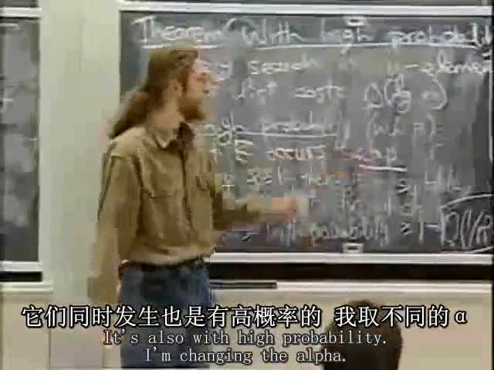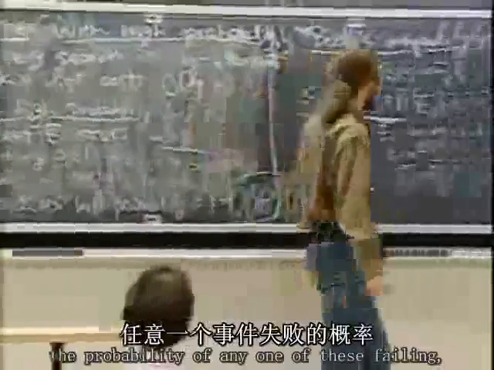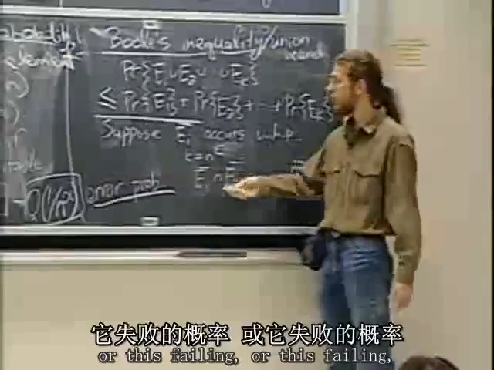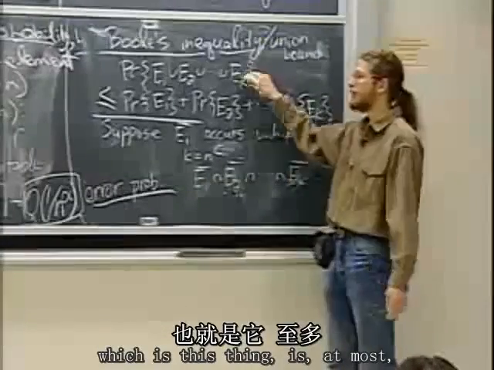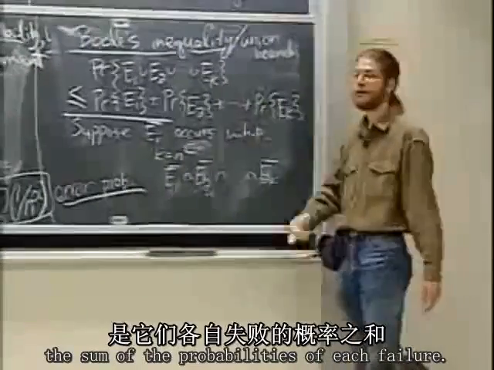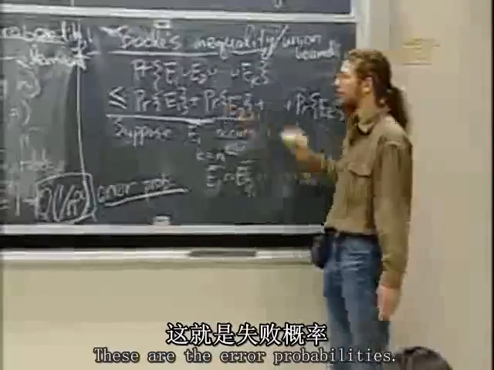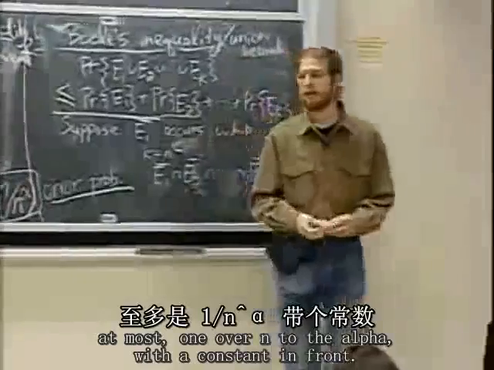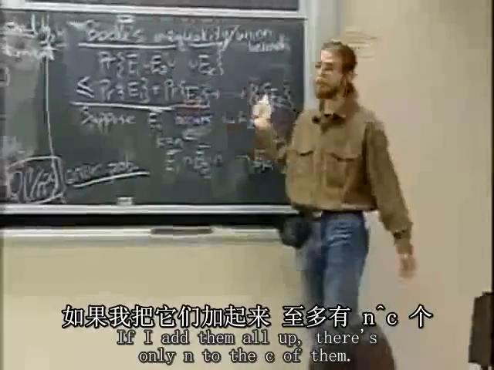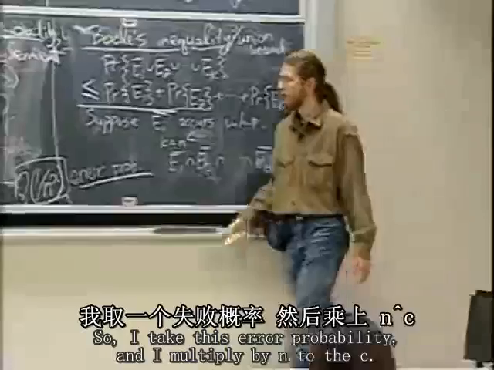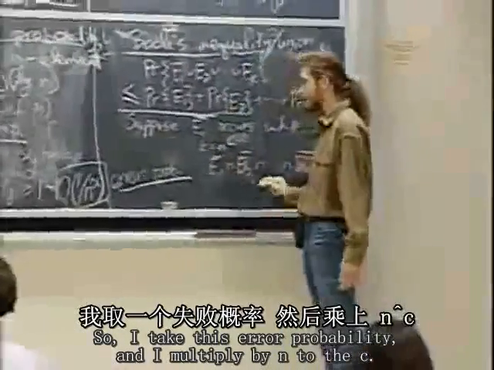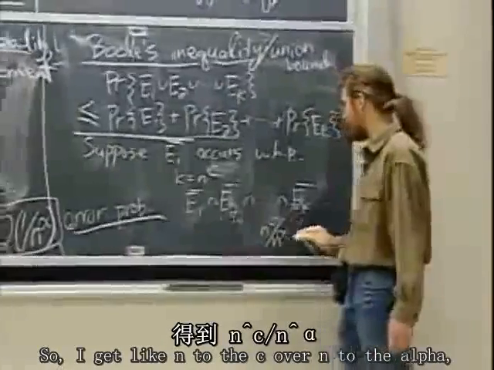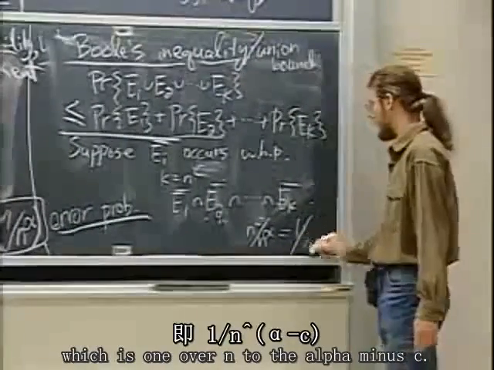I'm changing the alpha. So the union bound tells me the probability of any one of these failing, the probability of this failing or this failing or this failing, is at most the sum of the probabilities of each failure. These are the error probabilities. I know that each of them is at most 1 over n to the alpha with a constant in front. If I add them all up, there's only n to the c of them. So I multiply this error probability by n to the c, and I get n to the c over n to the alpha, which is 1 over n to the alpha minus c.